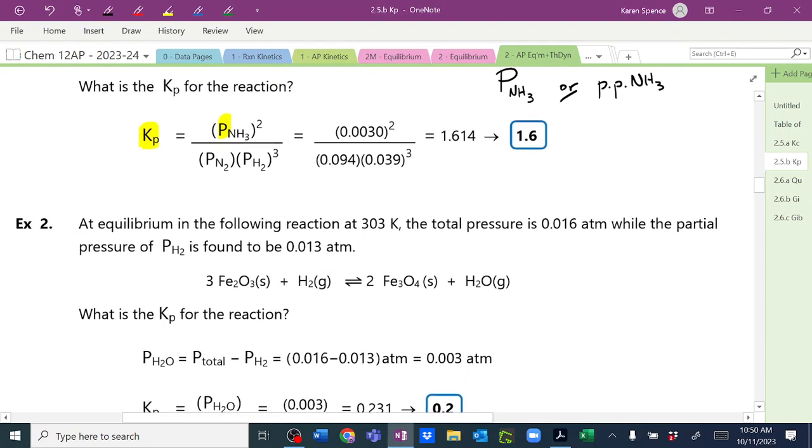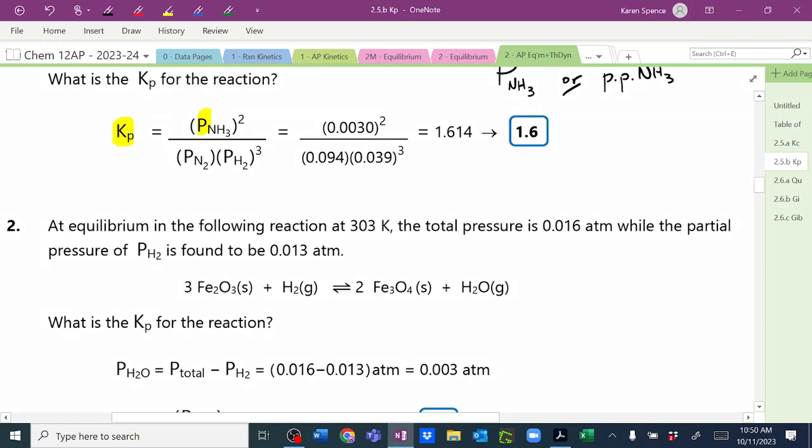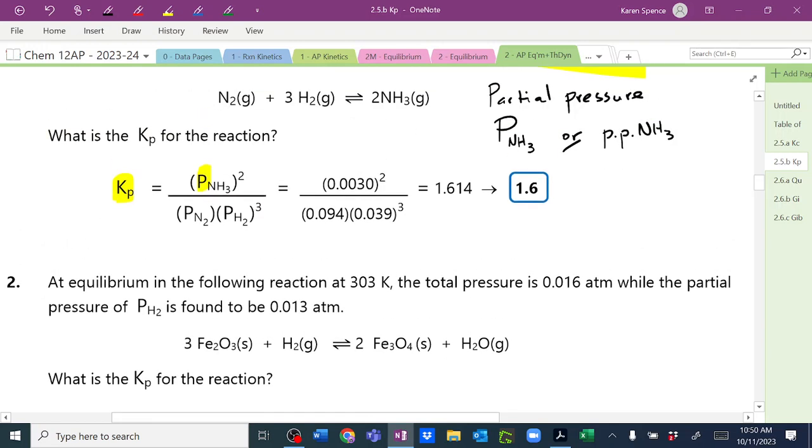Example 2. At equilibrium, the total pressure. Why don't you cover up the answer for yourself and see if you could solve it? Get yourself a blank piece of paper, or just cover it up with your answer key or any old book and see if you can solve that.